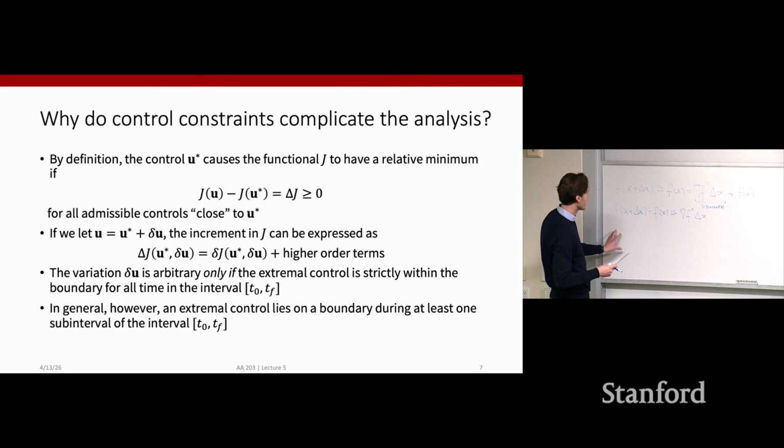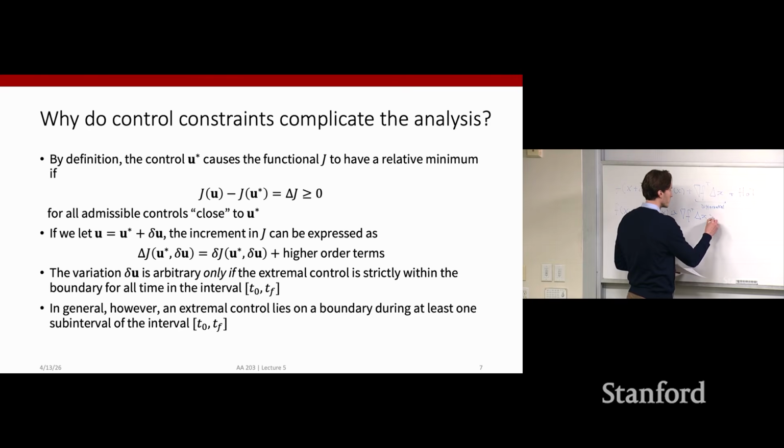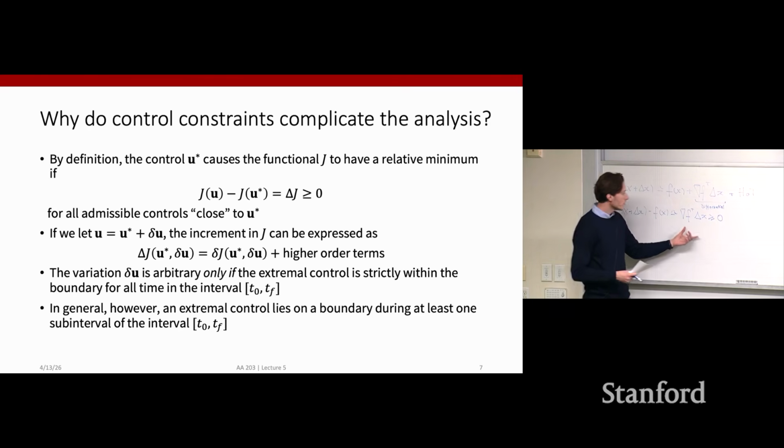And we know that for a point x to be a candidate local minimum, it means that for any displacement delta x that I make, this increment has to be greater or equal than 0. So wherever I move, I'm increasing the value of my function. Now, in the unconstrained case, we were able to translate this so that the differential has to be greater or equal than 0.